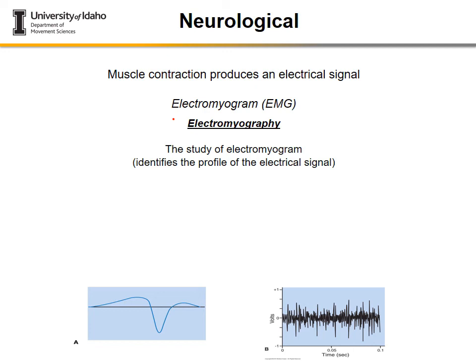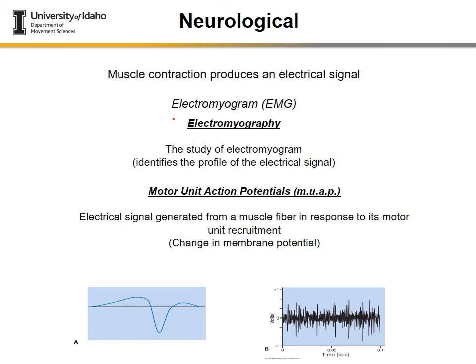So the action potential is truly changing the currents of the myofibrils and skeletal muscle sarcomere that create these action potentials. So a motor unit action potential, a MUAP, is the electrical signal that's generated from the muscle fiber in response to the recruitment. And these positives and negatives, that change in membrane potential, is what you're actually measuring and reporting.